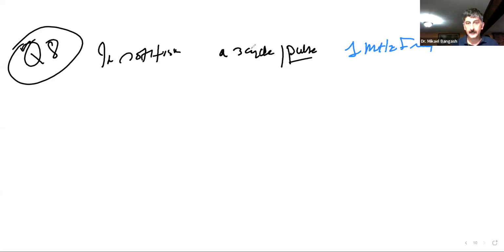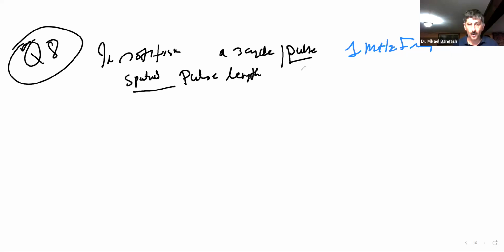Then the question has given us the pulse length. Although the question didn't use the word spatial, if you look at it, it says 4.5 millimeters.